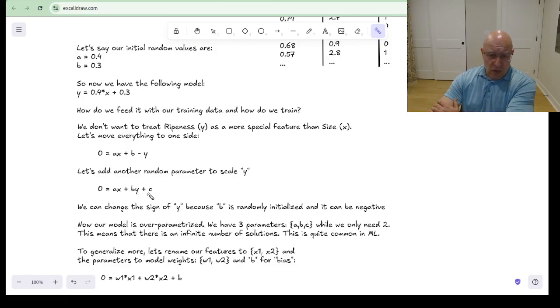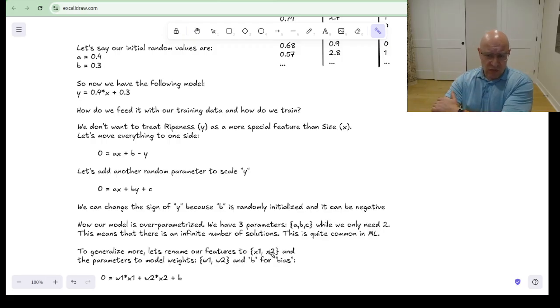Okay, so we have ax, by, and c, but I just want to rename those. Instead of calling them x and y, we will call them x1 and x2. So I'm just renaming x and y into x1 and x2, which means I have two features, but they don't have the special names x and y.